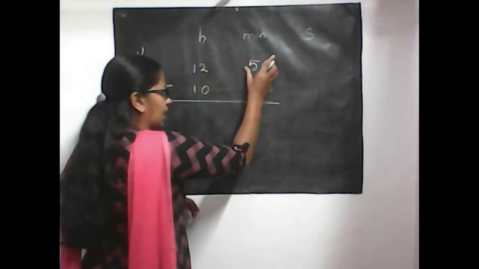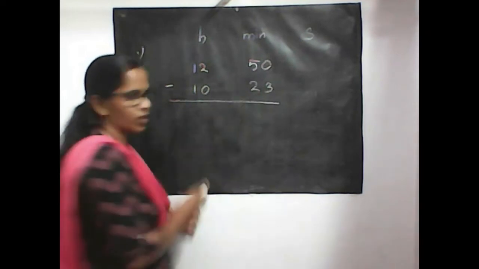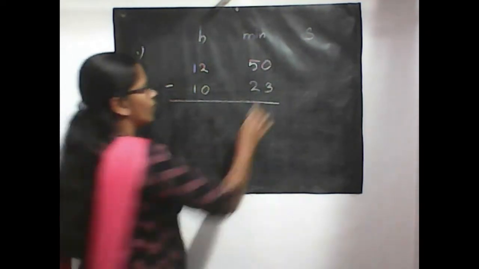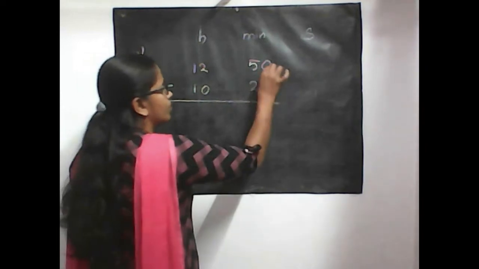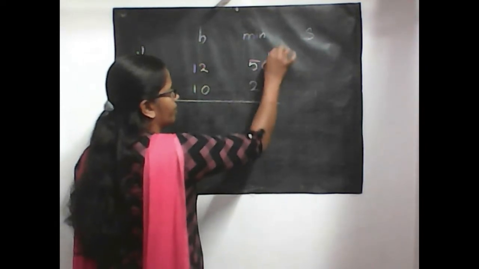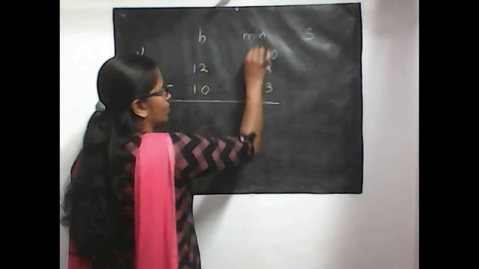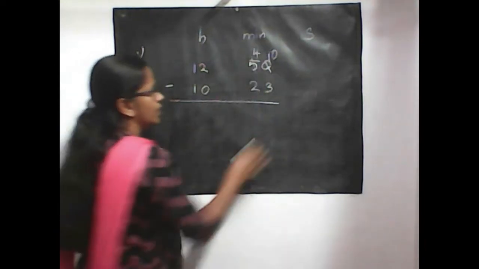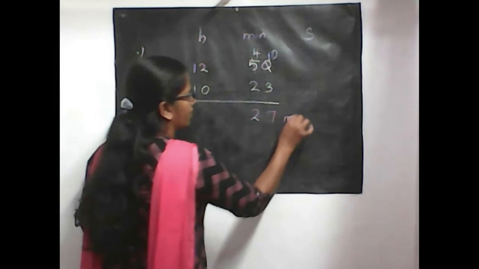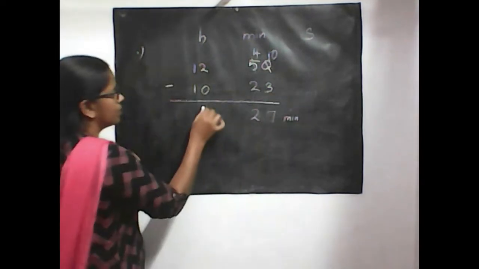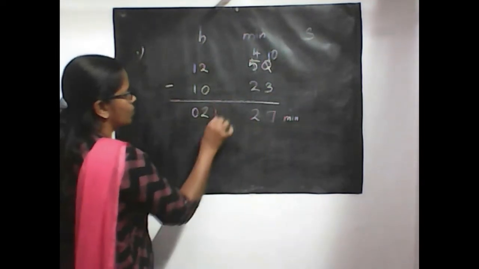So from 50, 23 can be subtracted. So that gives 27 minutes. Here 12 minus 10 is 2 hours.